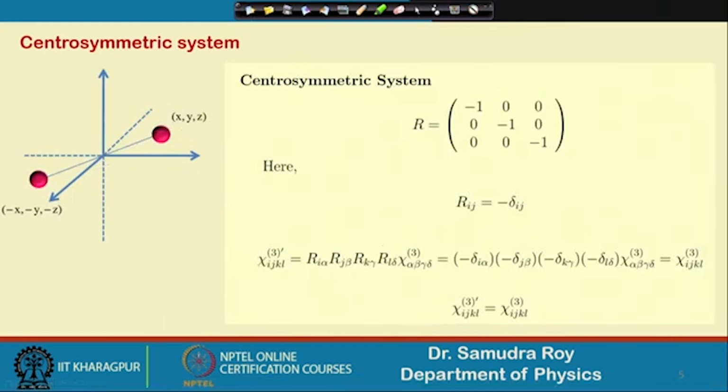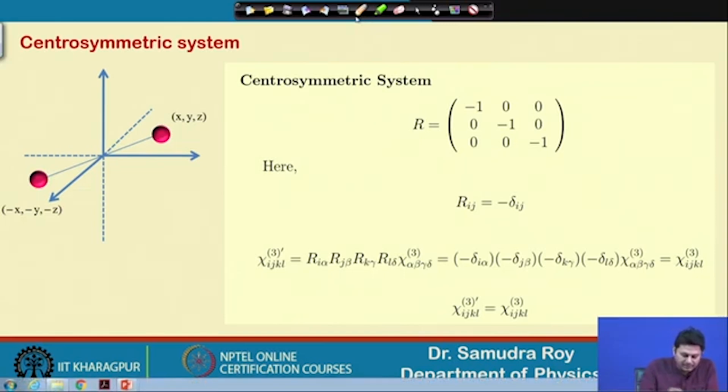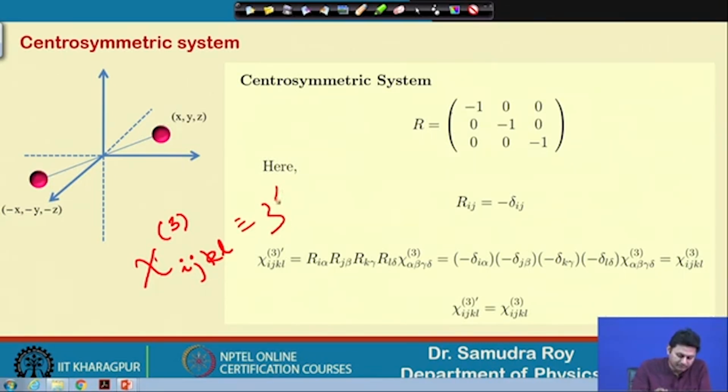Now, we will extend these things to the third order susceptibility. Once we say it is a third order susceptibility, I am talking about chi 3. Chi 3 should have 4 indices, i, j, k and l. So, this matrix in principle should have 3 to the power 4 elements, so 81 elements.